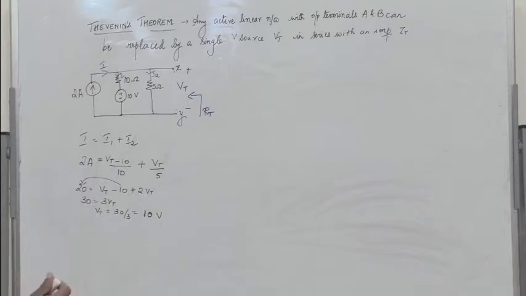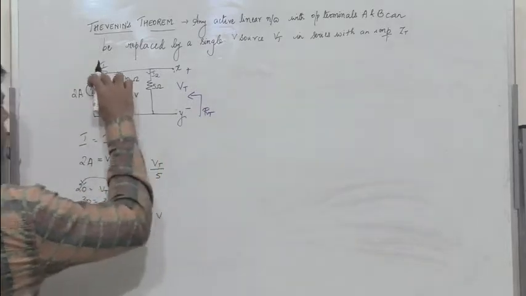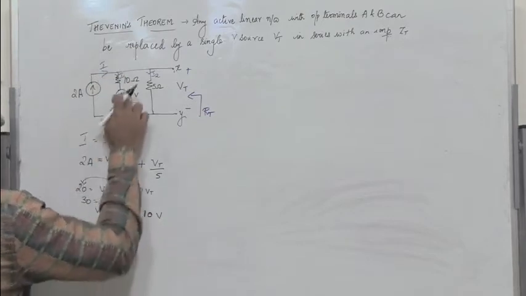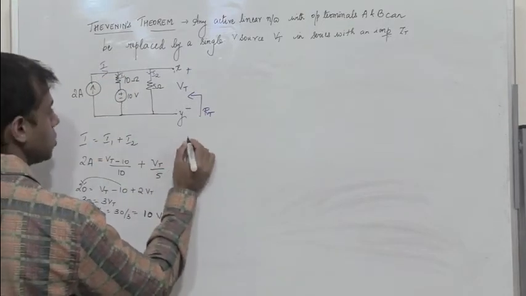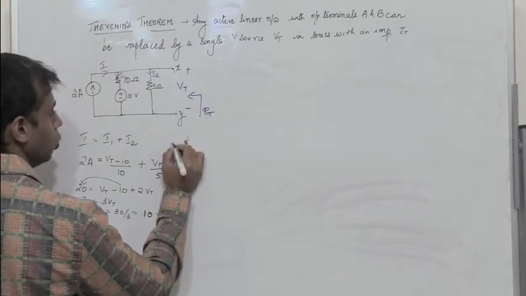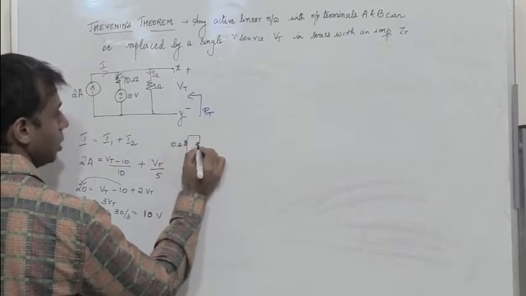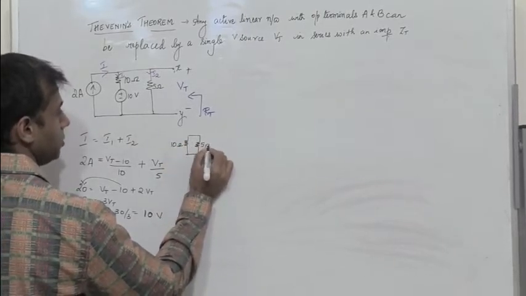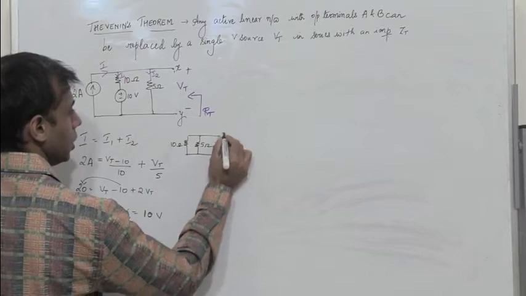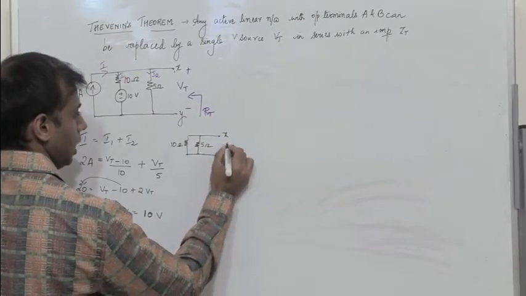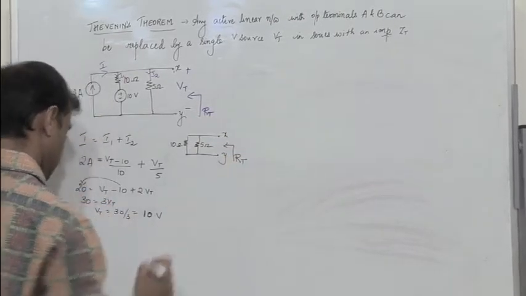So when I open circuit, this will not exist. I short the 10 volts, so I have 10 ohms in parallel with 5, and then I have XY, and I need to find RT.